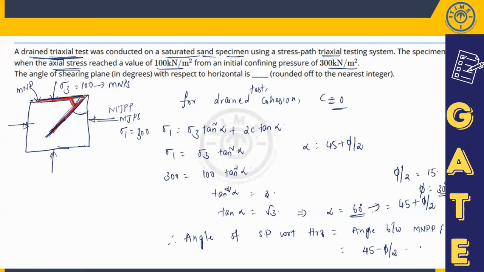Substituting this, 45 minus 30 by 2 is 45 minus 15, that is again 30 degrees. Therefore, the angle of shearing plane with respect to the horizontal is 30 degrees. In degrees, nearest integer, the answer is 30.